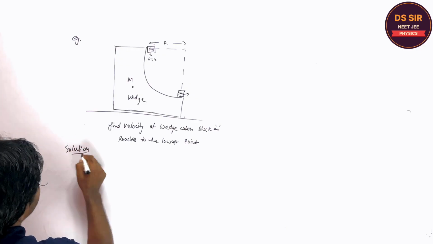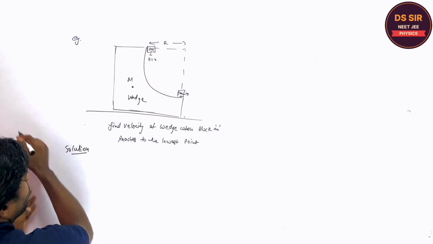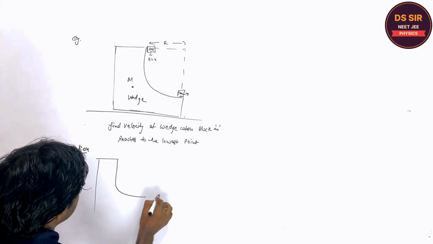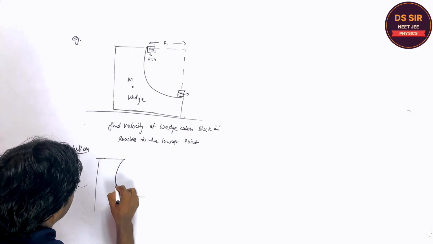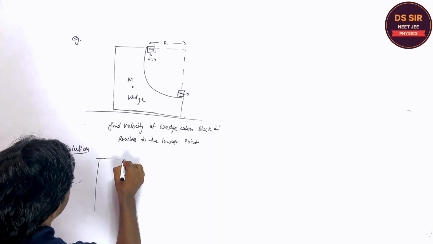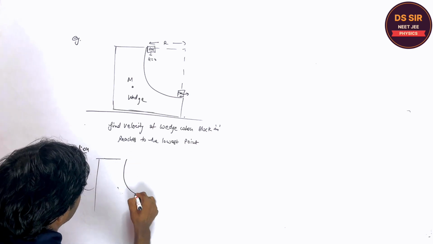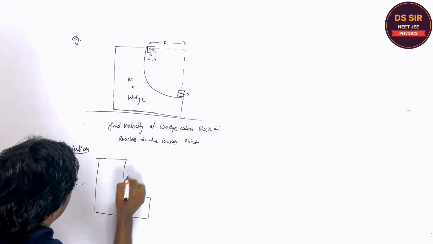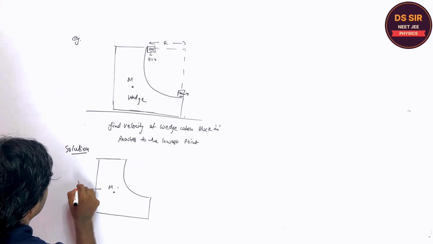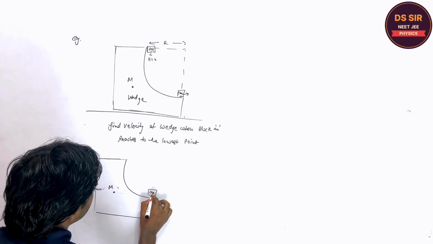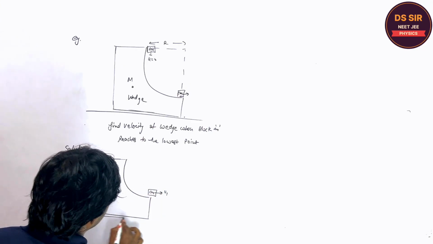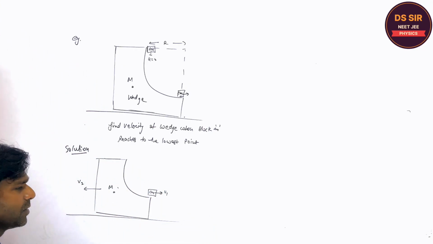In this case, when it reaches there, the wedge will move backward like this. Are you getting it? The block acquires some velocity and the wedge acquires some velocity. Right? This is the thing.